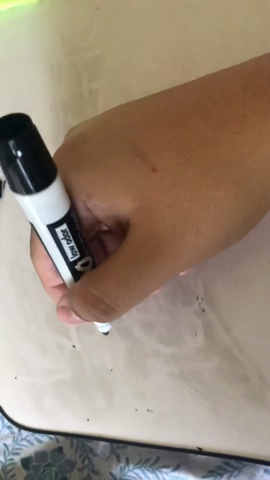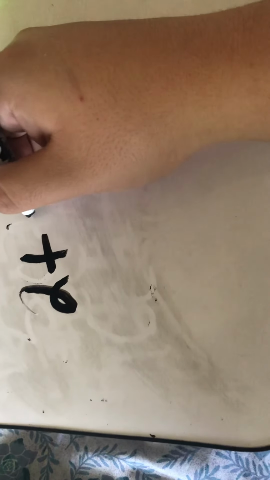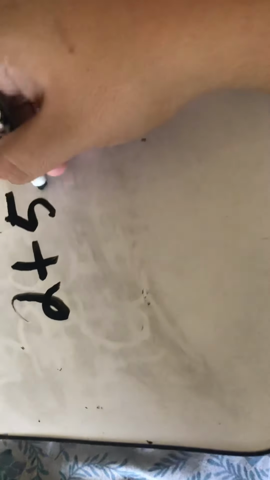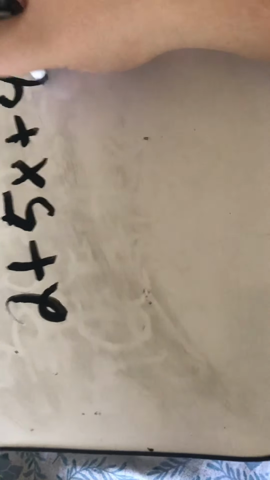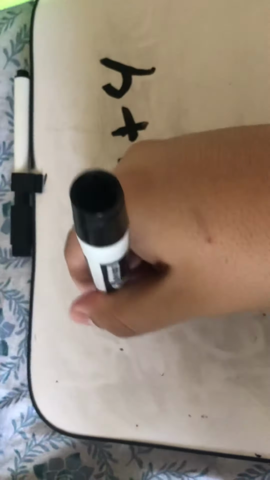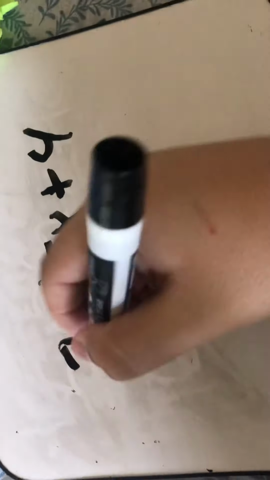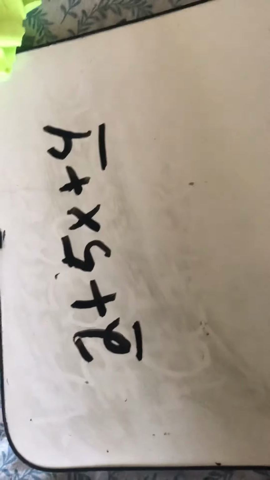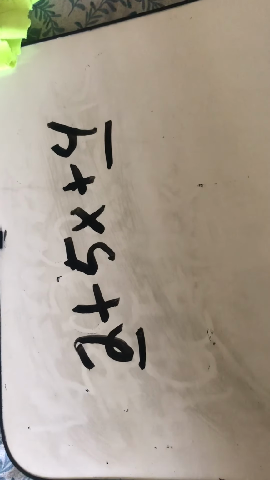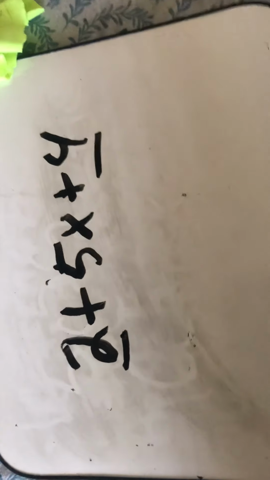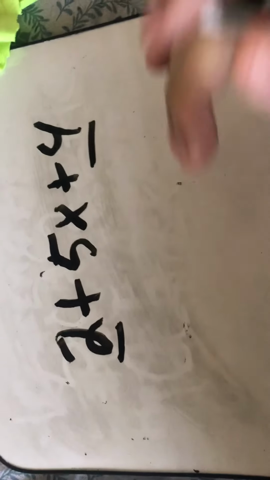If you have, let's say, 2 plus 5x plus 4, okay, you could actually combine only the 2 and the 4 because they are the same, all right? They don't have a variable, they're both whole numbers, unlike the 5x that has a variable.